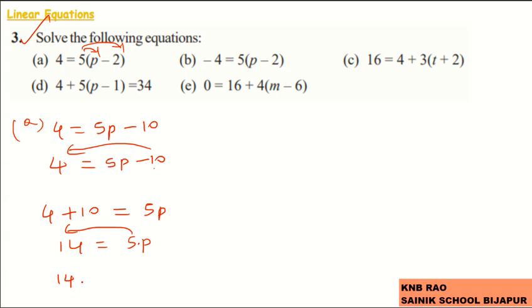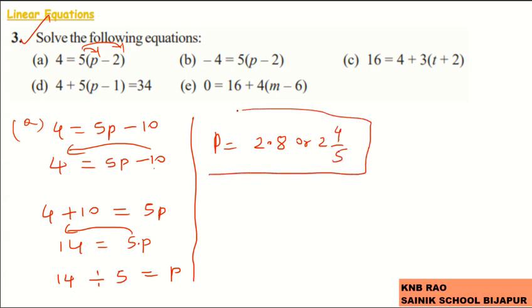This LHS, which is existing as it is, we will write first, divided by 5 equals P. It implies P equals 14 by 5, which is 2.8, or 2 integer 4 upon 5.